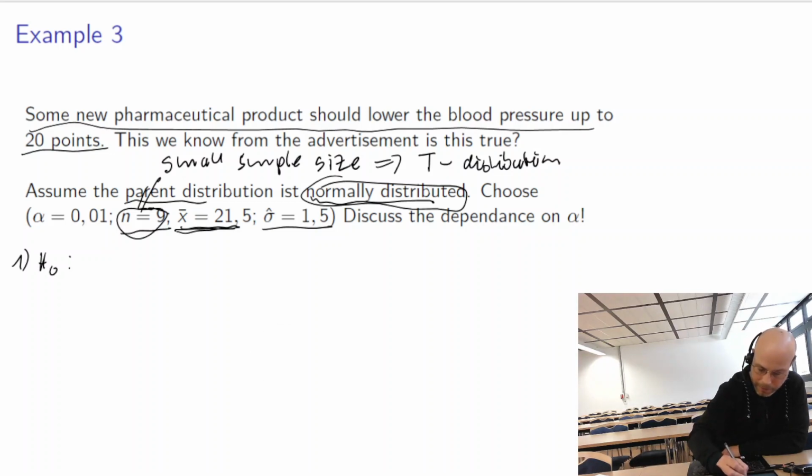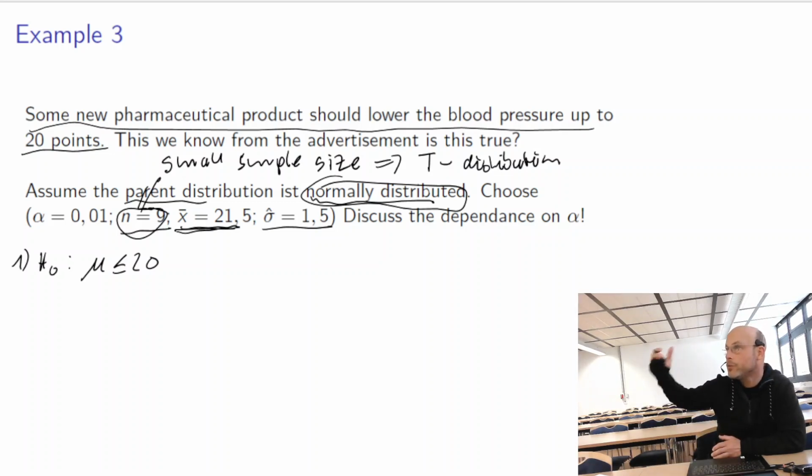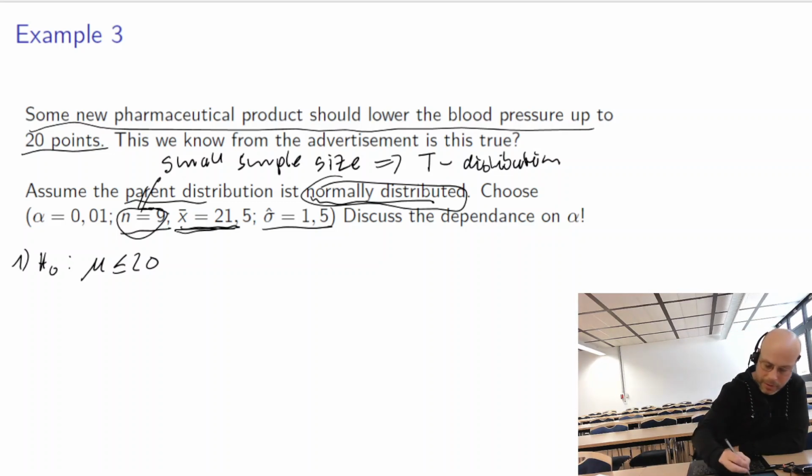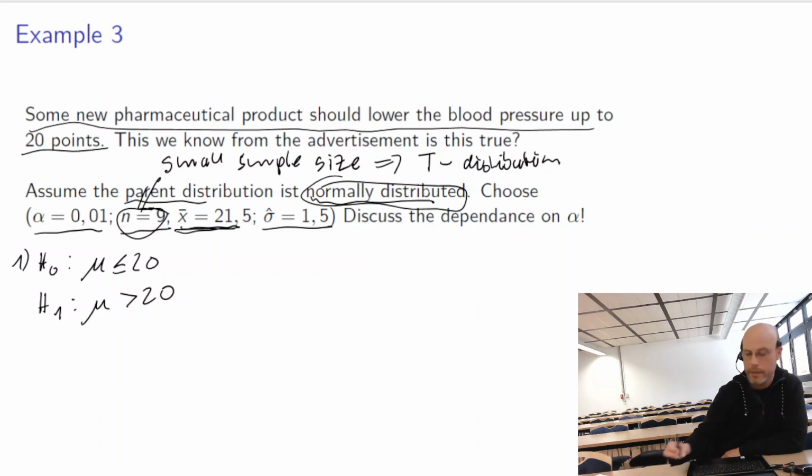So mu is lower or equal 20 points. This we hopefully want to reject up to a level of 1%. H1: mu is larger than 20.